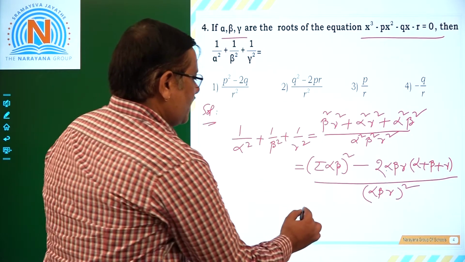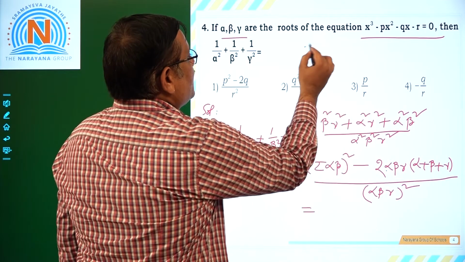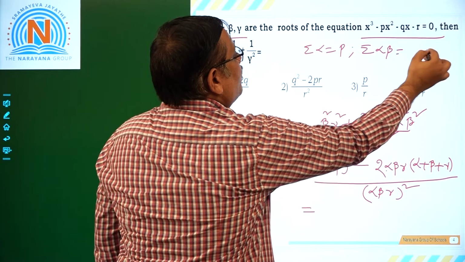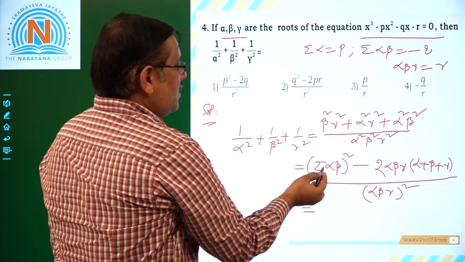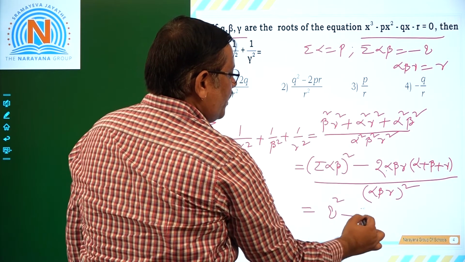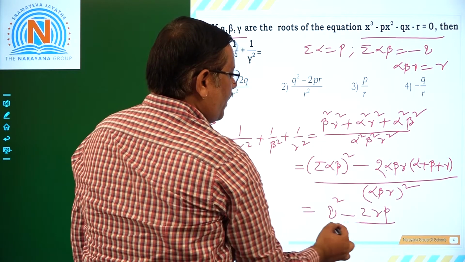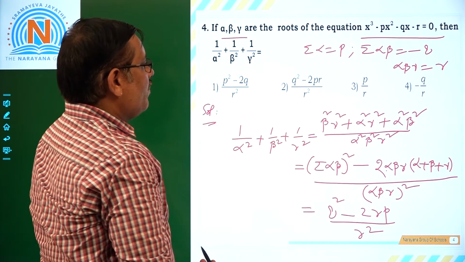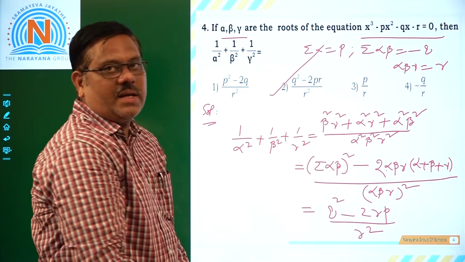We have seen sigma alpha is p, sigma alpha beta is minus q, alpha beta gamma is r. So sigma alpha beta is minus q, so q square minus 2 into r into p, all over r square. So q square minus 2rp by r square, which is the second option.